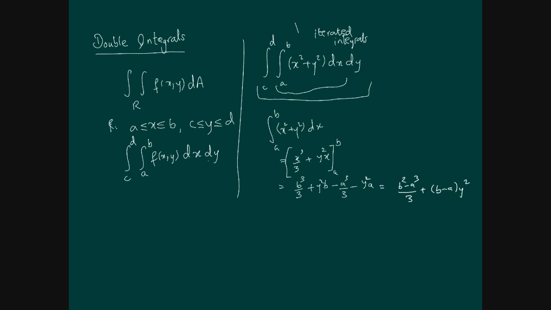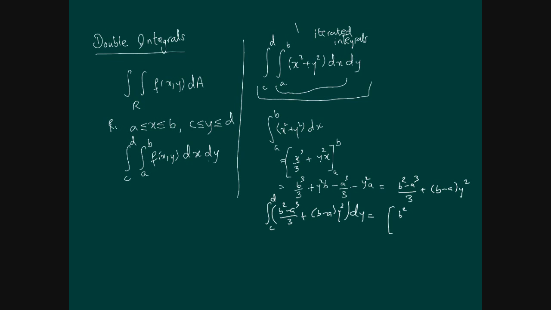Now we will feed this into the integral above, which is c to d of all of this: b cubed minus a cubed over 3 plus b minus a times y squared, dy. As we integrate this now, this time we're integrating with respect to y, so basically this will just become b squared.